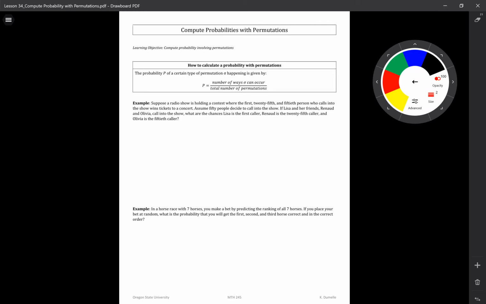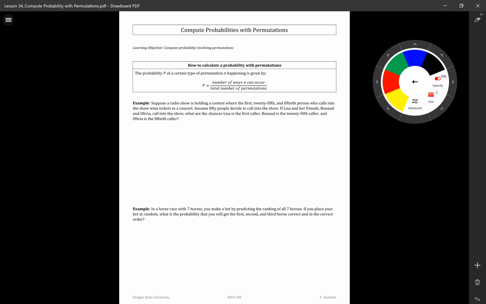The probability P of a certain type of permutation, we call that sigma, a Greek letter, is given by the total number of ways that sigma can occur divided by the total number of permutations. This looks a little bit scary at first, perhaps, but hopefully once we do these two examples, it will clear things up.